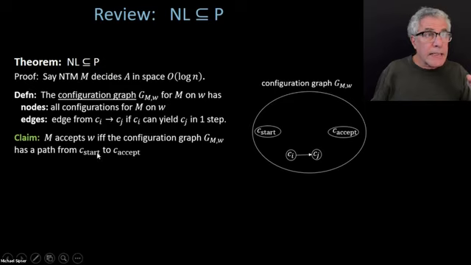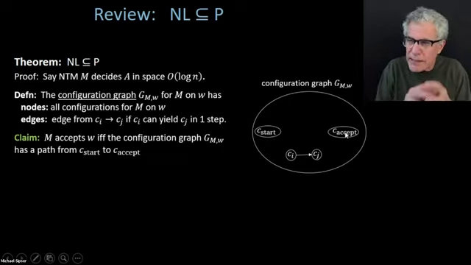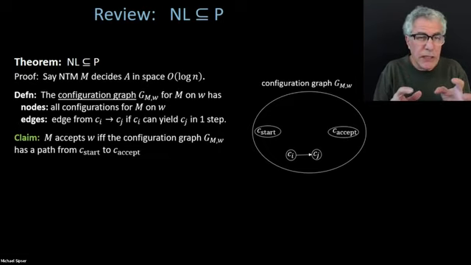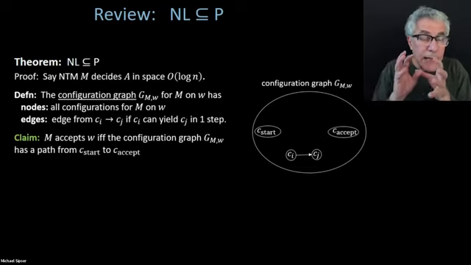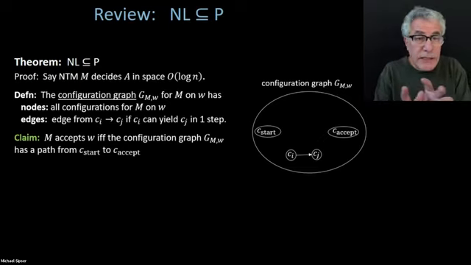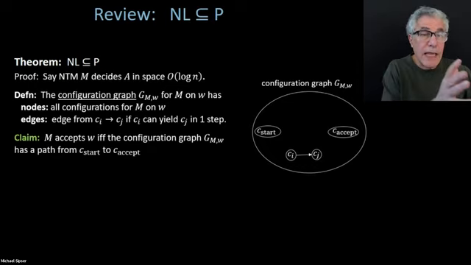Now, the important thing here is that M accepts its input w exactly when there is a path in this configuration graph that takes you from the start configuration to the accept configuration. And as I mentioned, let's assume, as we've been doing, that when the machine is about to accept, it erases its work tape and moves both of its heads to the home position at the left end of the tape. So there's just one accepting configuration you have to worry about. It just makes life simpler.